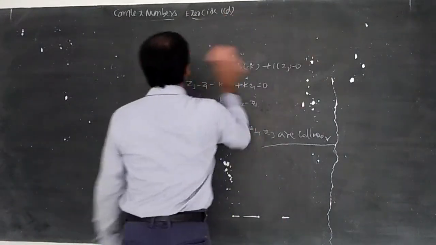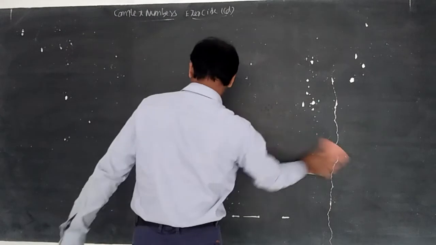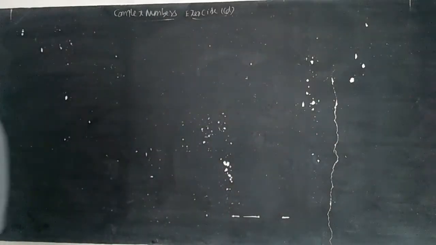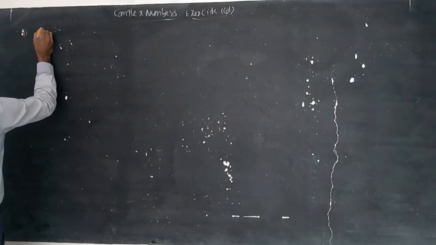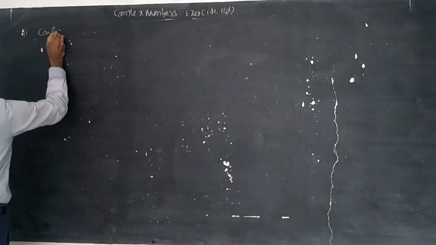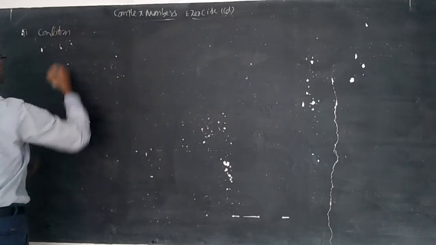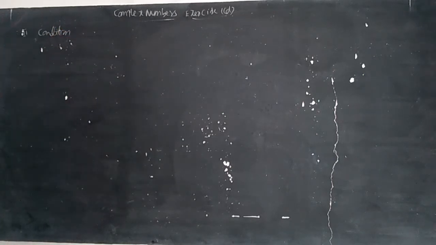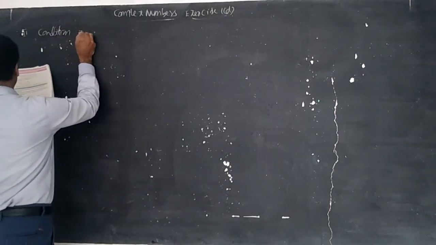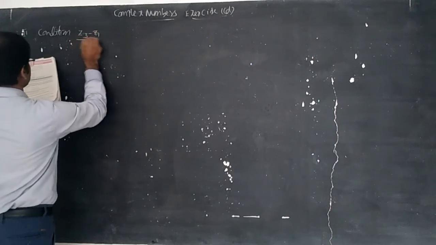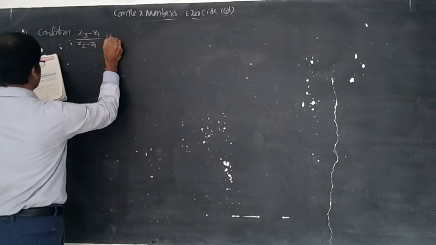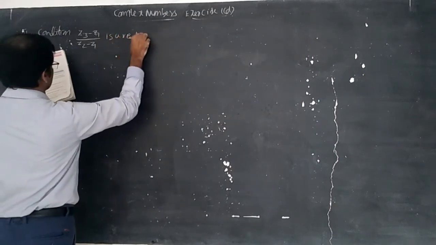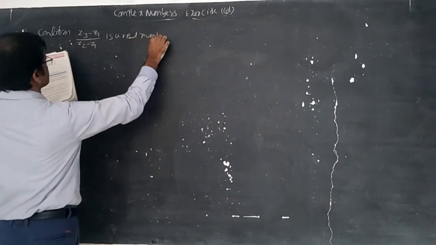The condition I am writing: Z3 minus Z1 by Z2 minus Z1 is a real number.